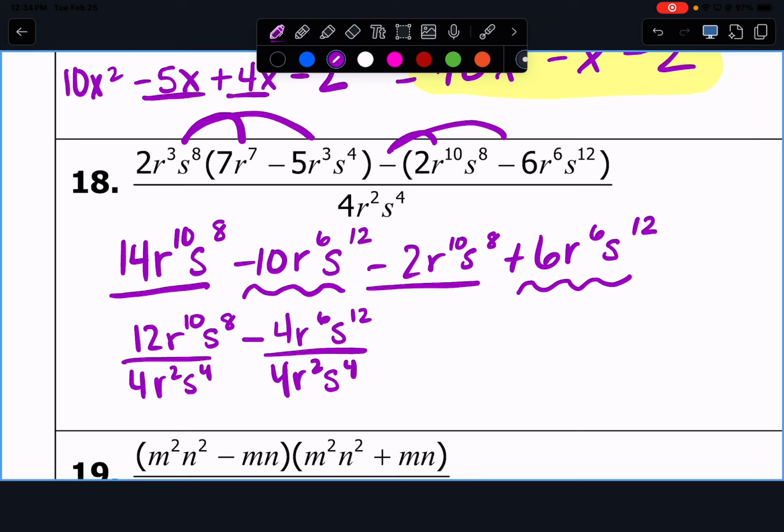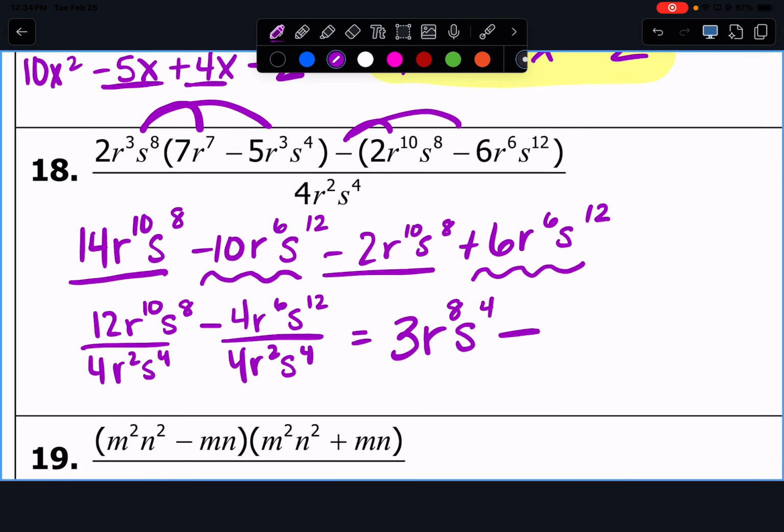So all we did was the part on top that we knew what to do, and now we're just going to divide the bottom. So 12 divided by 4 is? 3. And then it will get R to the 8, S to the 4. Then we'll have minus. 4 divided by 4 is? 1. And it'll be R to the 4, S to the 8.